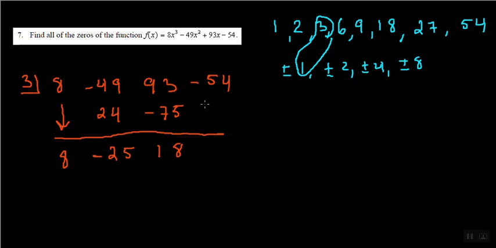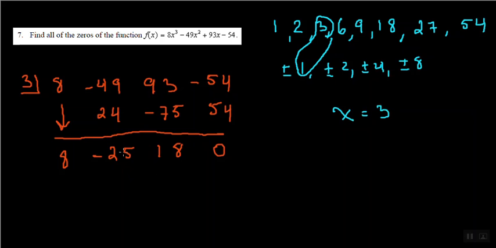And 18 times 3 is 54. And again, you just have to guess, and this is 0. Again, you have to guess with these, and there really isn't any better solution to this. So we know that one of the solutions is x equals 3. That's good, but we still have this left to do.